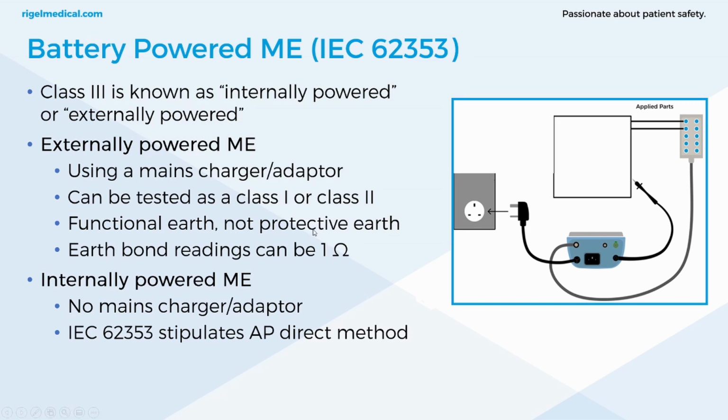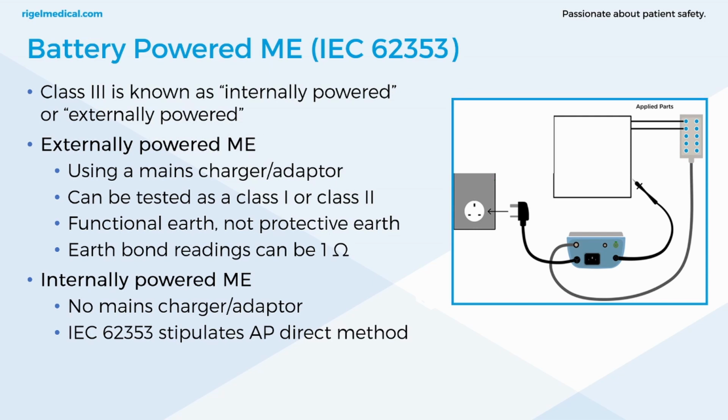So if it has a mains charger or adapter, it's just tested as you would any other normal Class 1 device. The power supplies will have a functional earth, not a protective earth. Functional earth has a different purpose other than providing protection against leakage currents flowing and therefore electric shock.